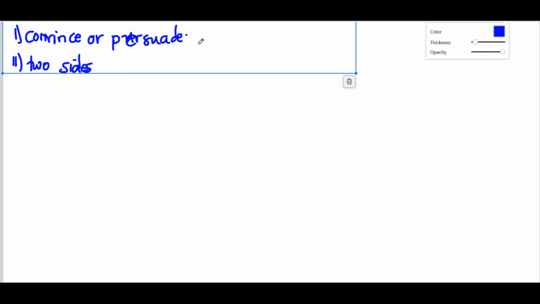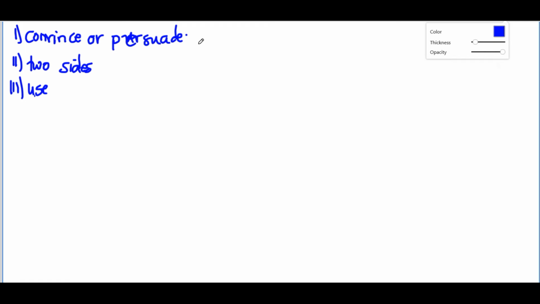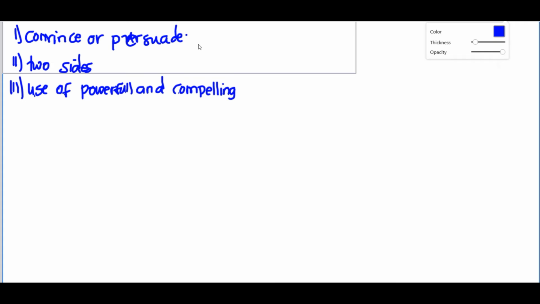So you need to make sure you do that. Then number 3, we need also to focus on use of, let's say, powerful and compelling cohesive devices.